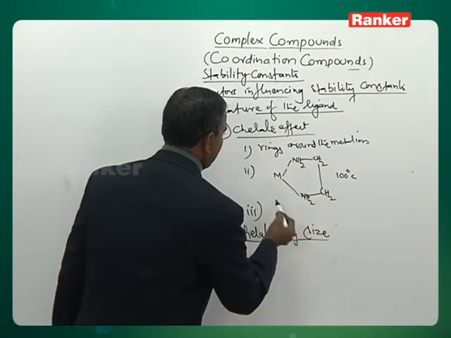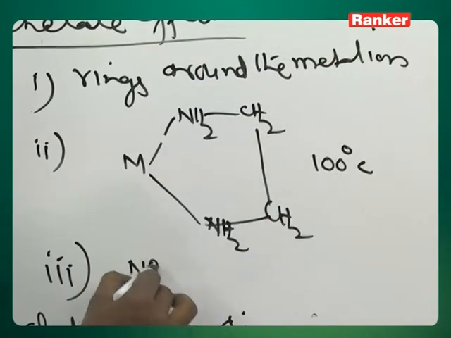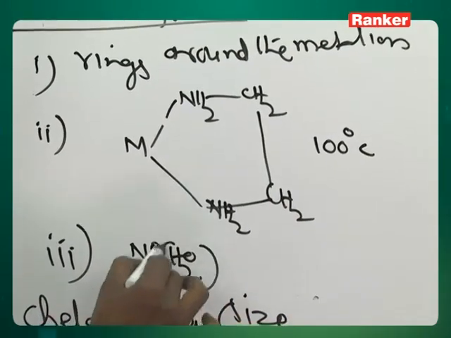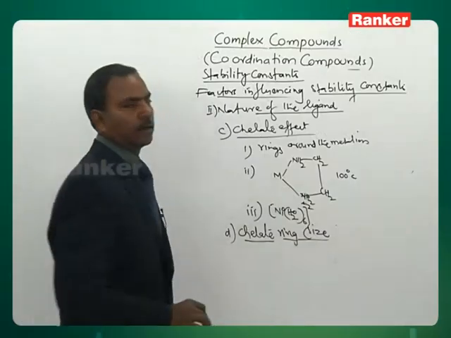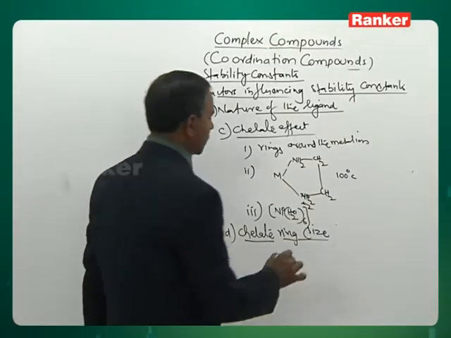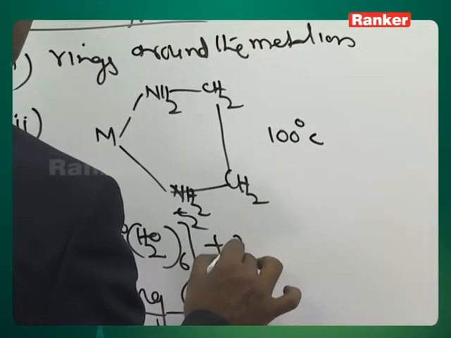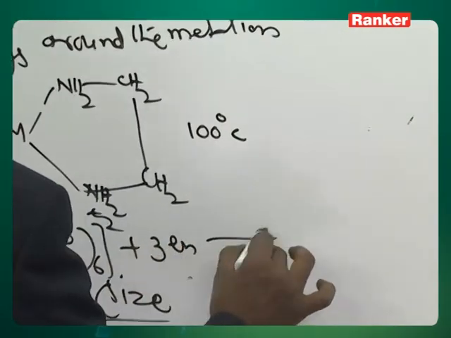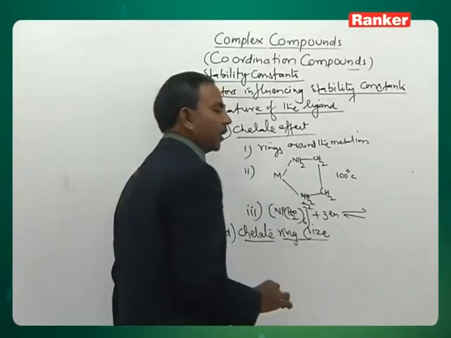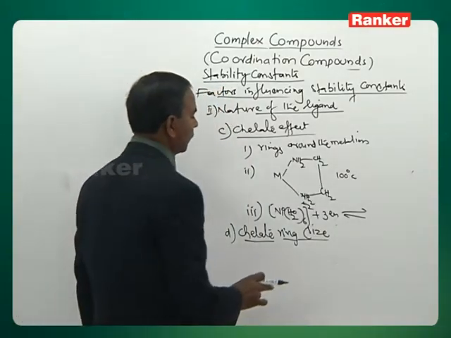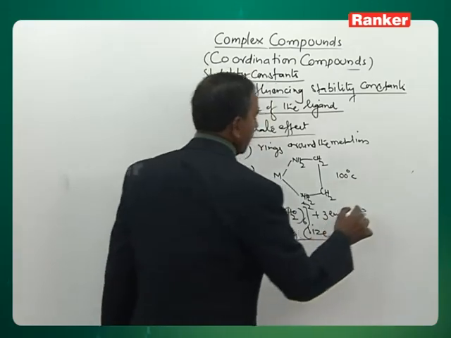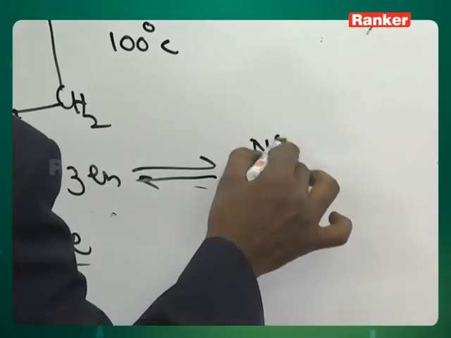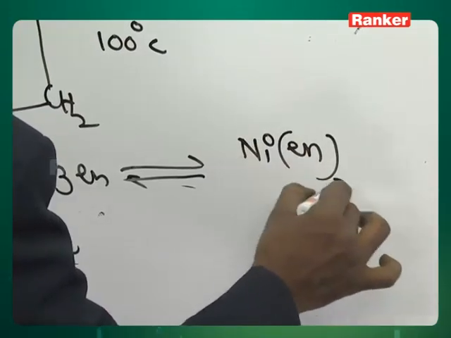Whenever a complex with chelate ligands is produced, see, [Ni(H2O)6]2+, this is a complex with a monodentate ligand. This is forming a complex with a bidentate ligand, ethylene diamine.